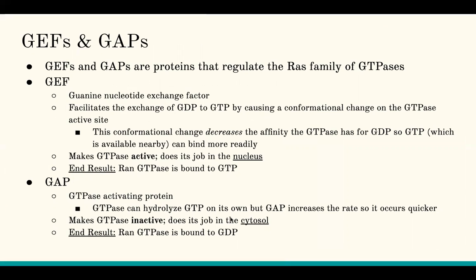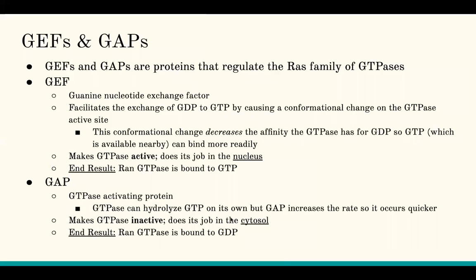So GEFs and GAPs are what you heard her talk about in class too. We have the diagram, which we'll show later on, the same one from class and your textbook, I'm pretty sure. But GEFs and GAPs are proteins that regulate the RAS family and GTPases. So remember, in this case, we're talking about RAN. You have your GEF, which is your guanine nucleotide exchange factor.